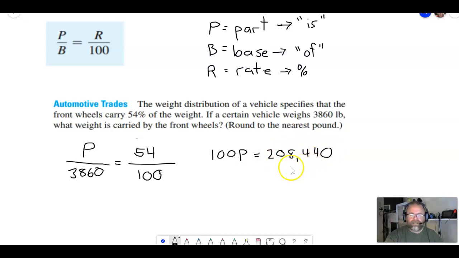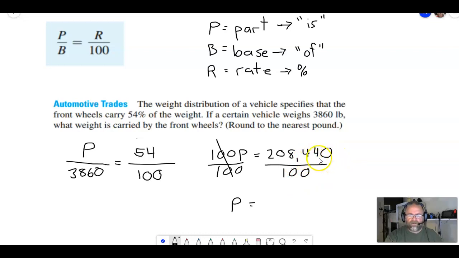So 208,440. Just going too quick there. So that will cross out the 100s, and then we will have 208,440 divided by 100. That just moves the decimal place 2 to the left.